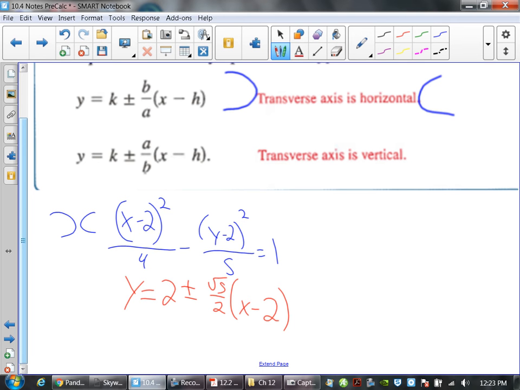Now, to graph root 5 over 2, I have to go up root 5 over 2. That's going to be a little bit nasty looking, but if it's just write the equation, there's your equations. We know that you can draw the dotted lines through that to get some funky fraction if you had to make it work. It's not that big of a deal. It's just another quick way to write it out.